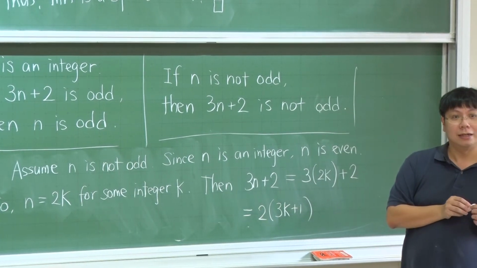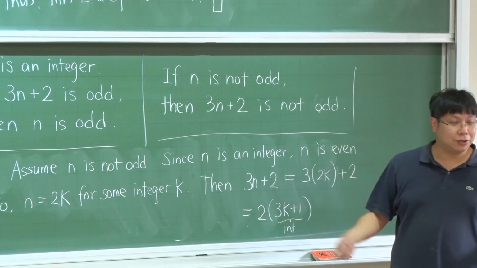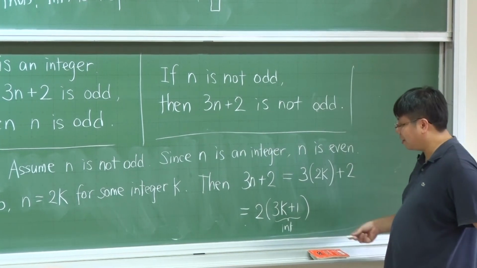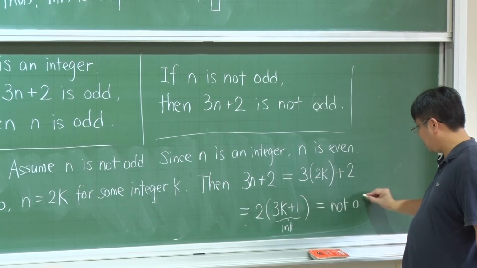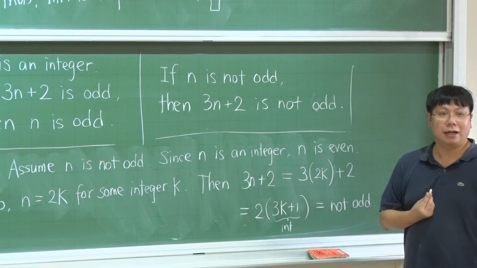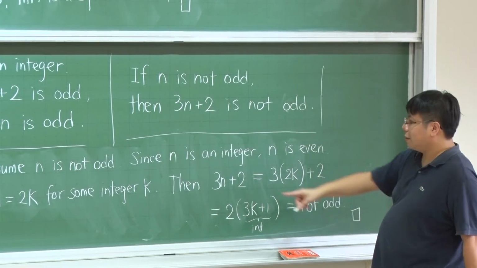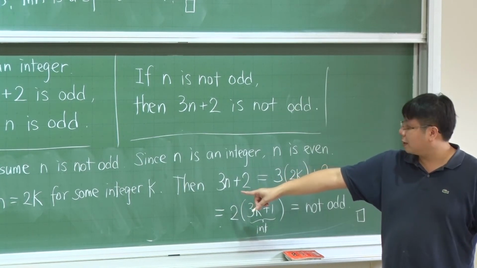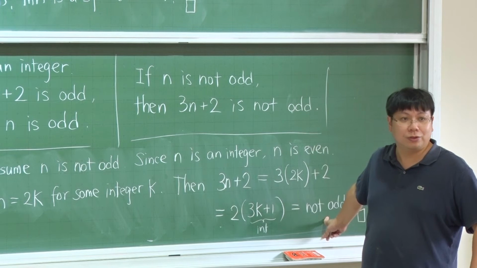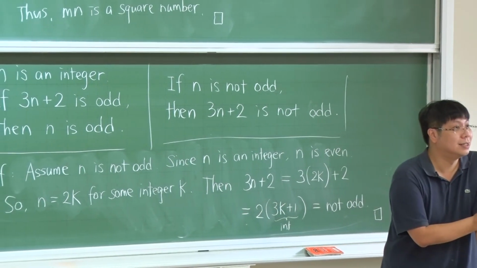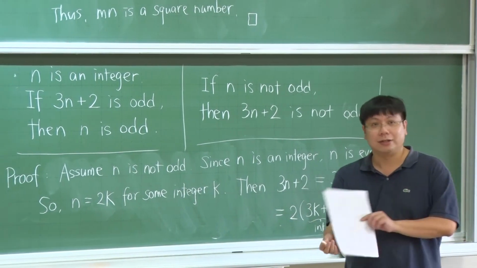And k is an integer, so this part is also an integer. k is an integer, 3k is an integer, 3k plus 1 is an integer. So this is not odd. And done. We can stop here, because we have finally concluded that 3n plus 2 is not odd. This is what we want to do. Is that okay? So this is called a proof by contraposition.